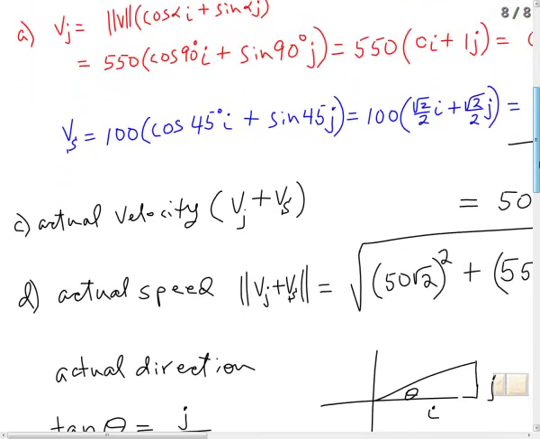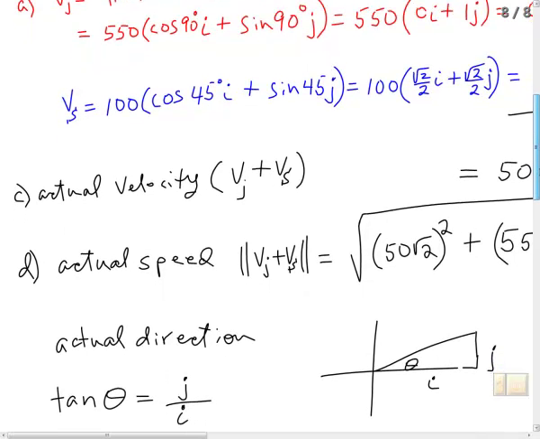Now for actual direction, we have here our i and our j components, and so we're going to use tangent for our actual direction. And so that would be opposite over adjacent, right? So that would be j over i.